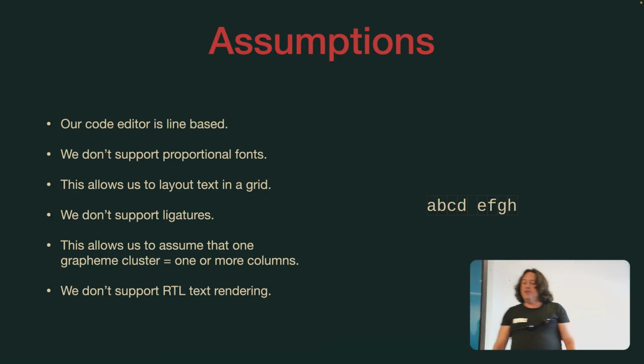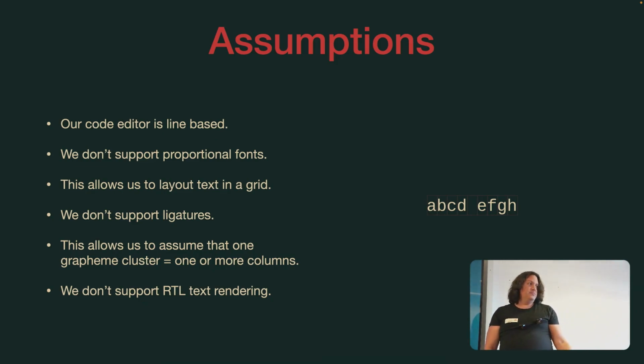I've made a number of assumptions when writing this code editor. The first is that our code editor is line-based. That means, of course, that it only scales to a certain extent, but I feel like for most reasonable code files, it performs more than enough. We don't support proportional fonts because who does that? But more importantly, making that assumption allows us to lay out our text in a grid.